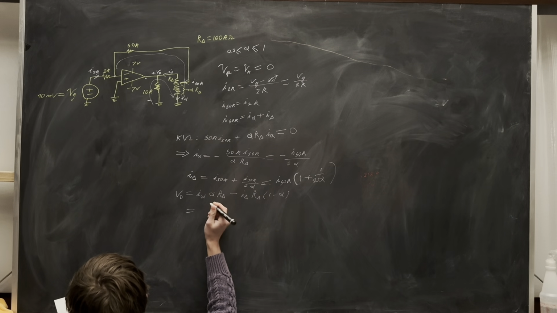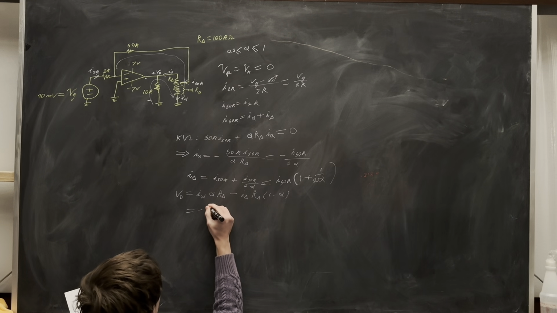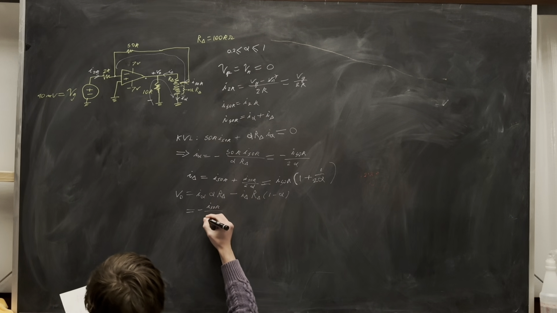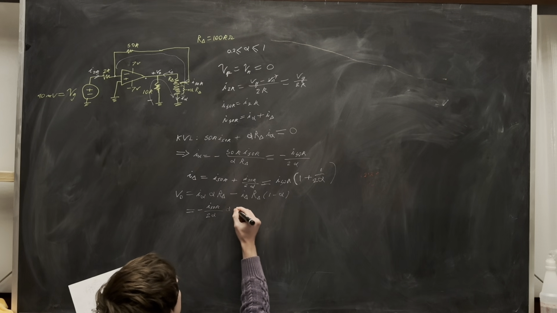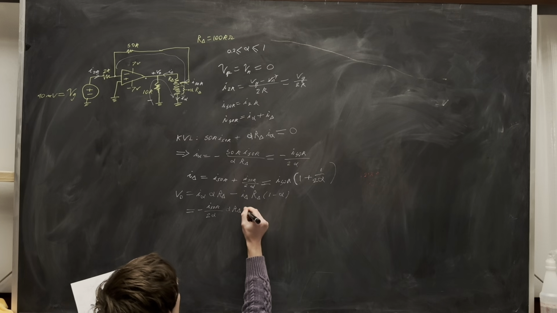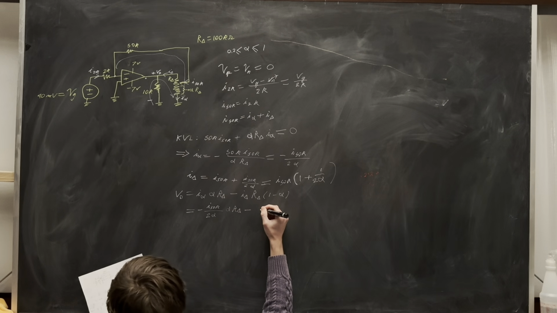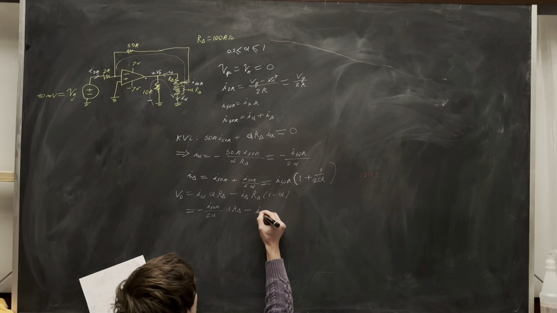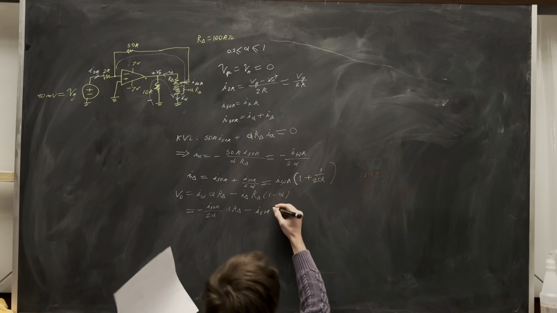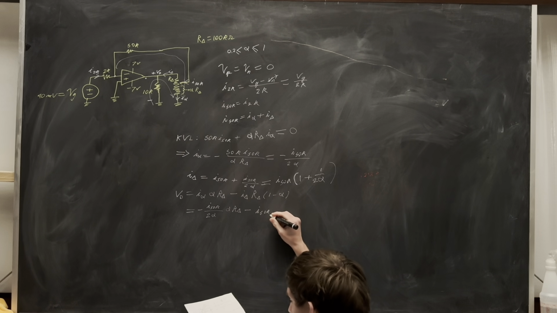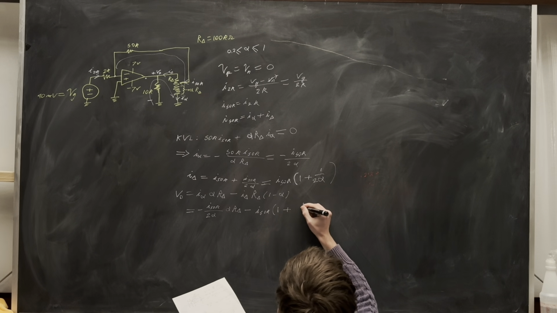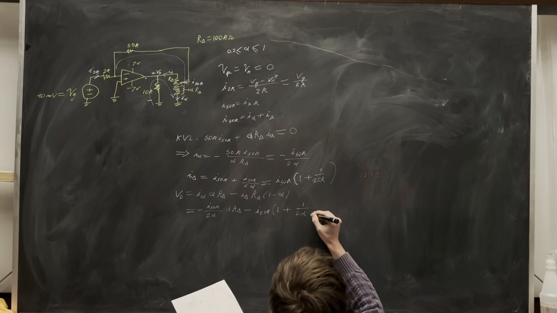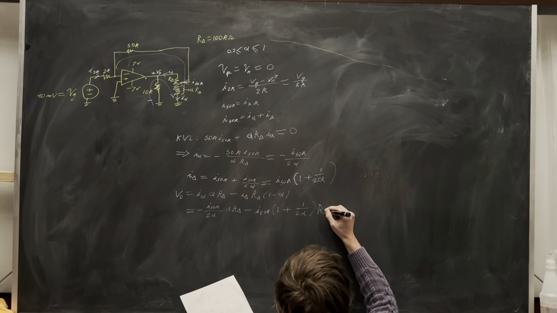If we just plug in what we've already solved for, we get minus I50K over 2 alpha times alpha R delta minus I50K times 1 plus 1 over 2 alpha times R delta.